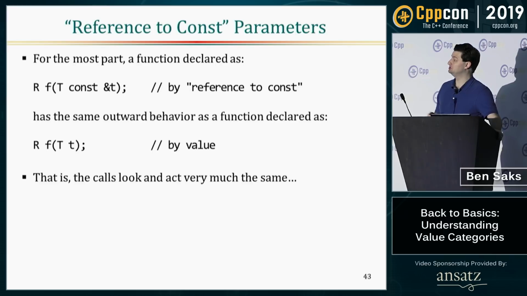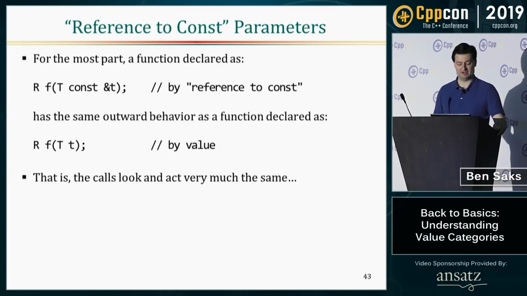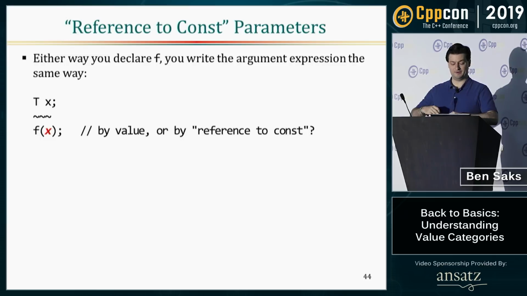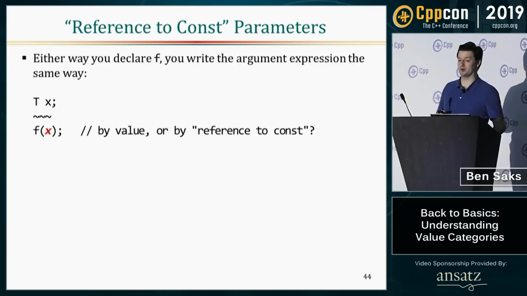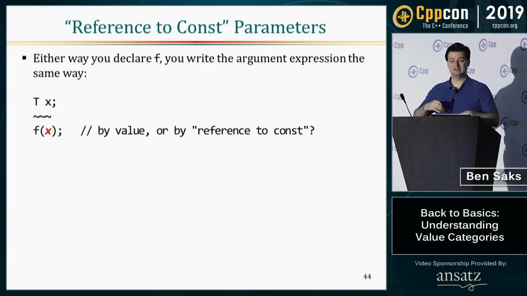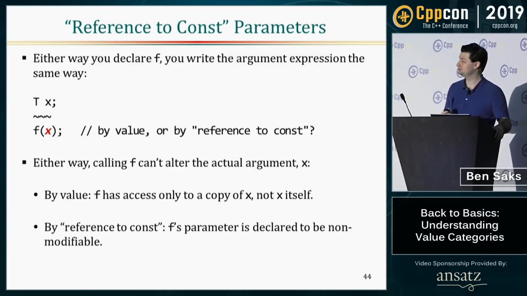So this function winds up behaving very much as if I had written the same function using pass by value instead, in the sense that if I write f, whether I'm passing by value or by reference to const, I know that the call to f isn't going to change the value of x.